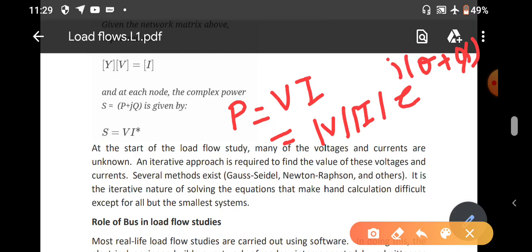You can see it here. From this, suppose this P is actually the power I am writing here, don't confuse it with the active power.